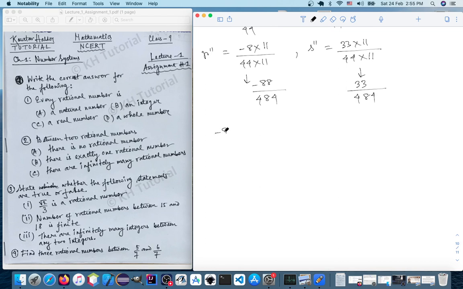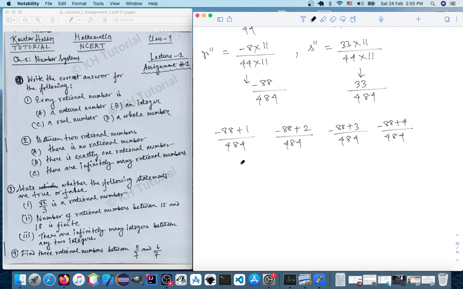So minus 88 plus 1 divided by 484, then minus 88 plus 2 by 484, minus 88 plus 3 by 484, minus 88 plus 4 by 484, and like this there are so many numbers, hard to accommodate in a single line.